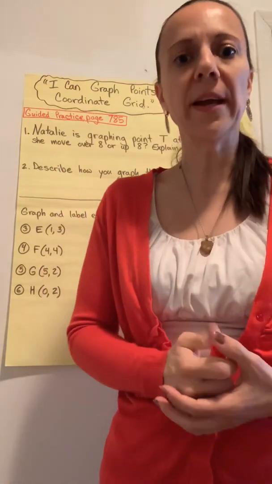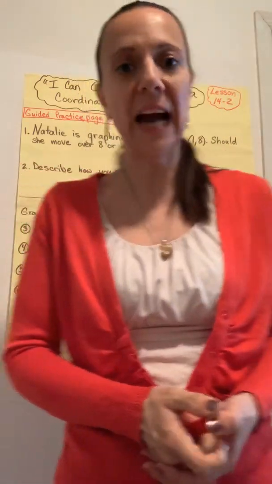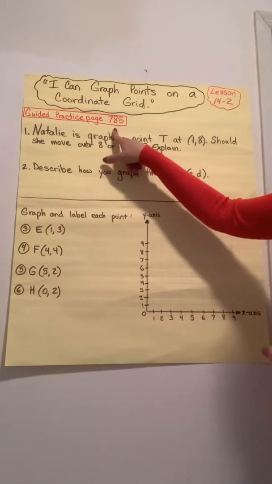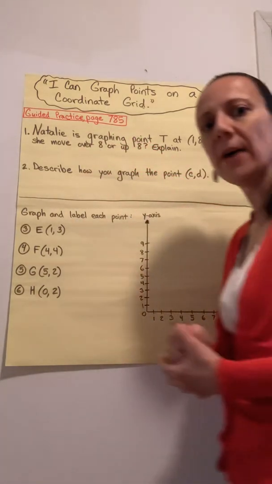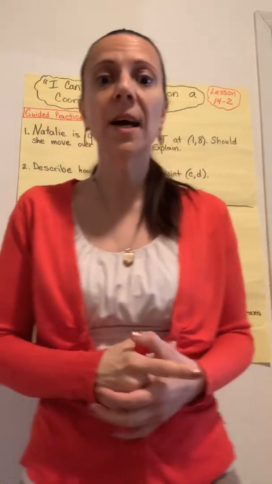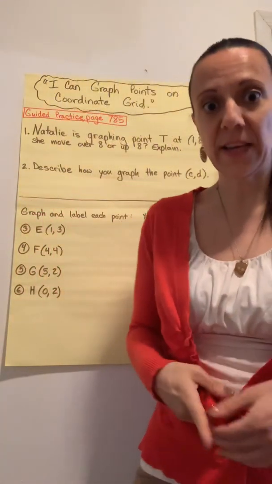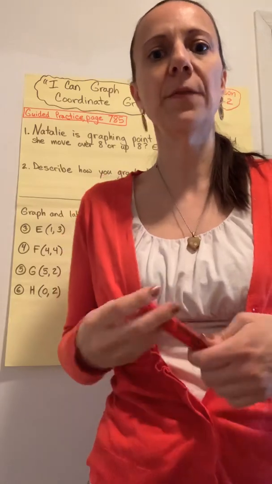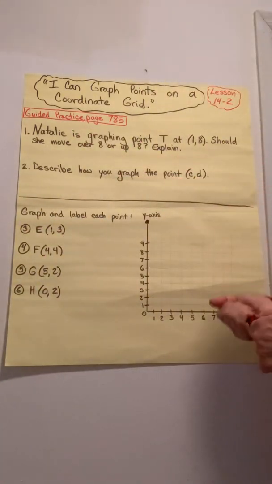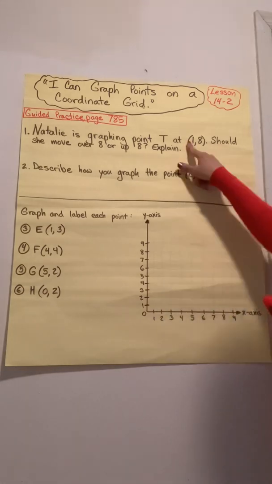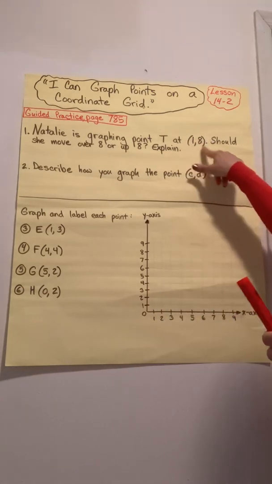So let's take a look at the questions that you have in the guided practice on page 785. The first two questions ask you to think about how the ordered pair system works and to explain some things. And then we have some examples of points to put on the grid. Number 1, Natalie is graphing point T. There's my ordered pair, 1, 8.